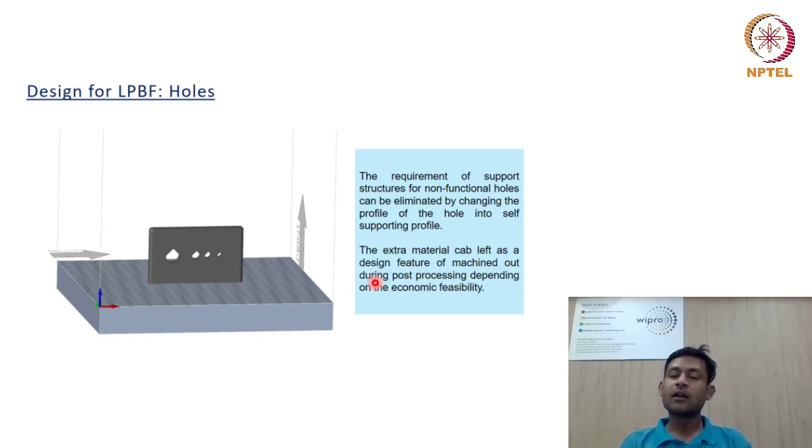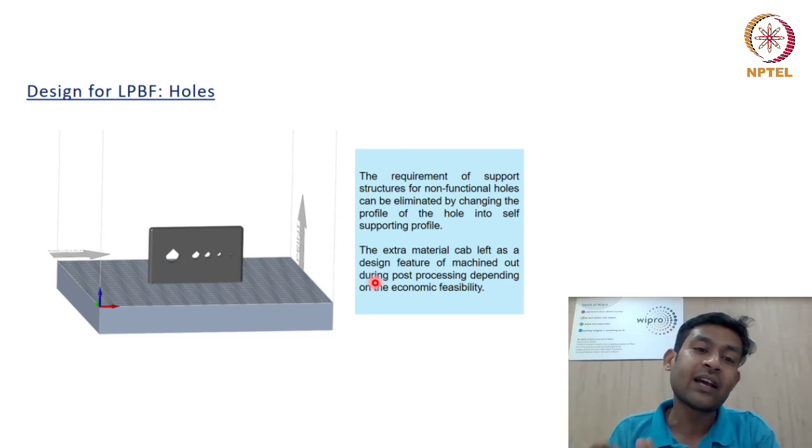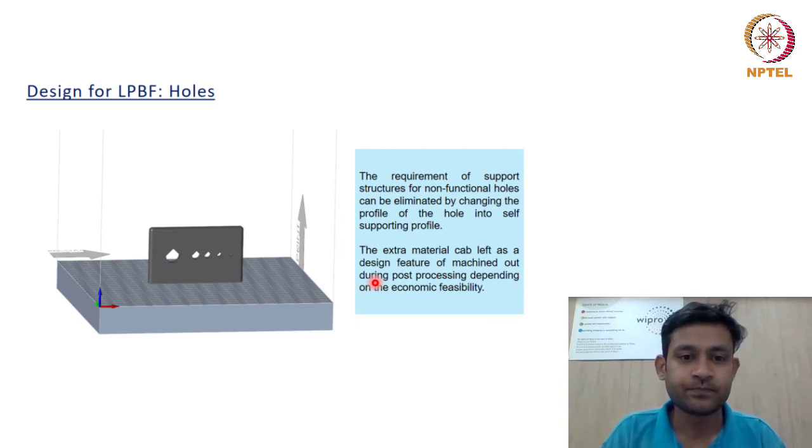What we have done here is convert a hole into a teardrop shape, which relieves me of the support generation requirement, because now the features are self-supporting and there is not going to be the impact that we have seen in the earlier cases.